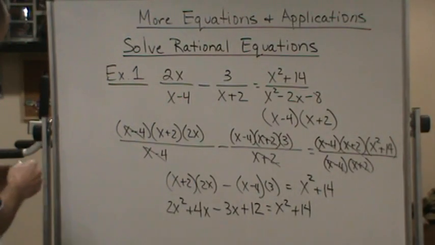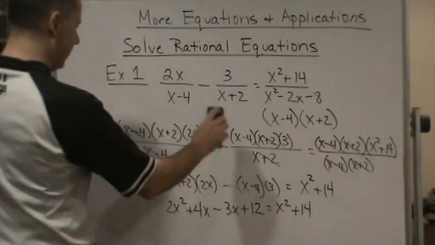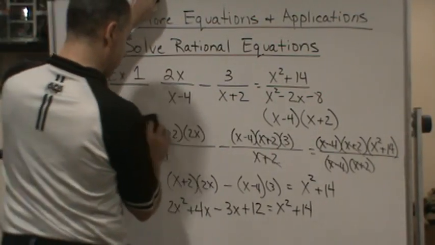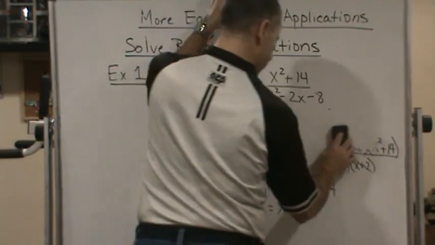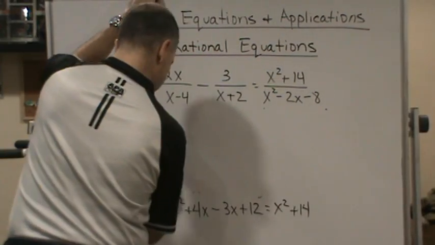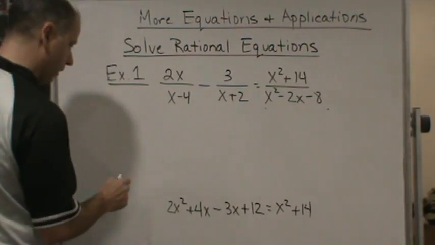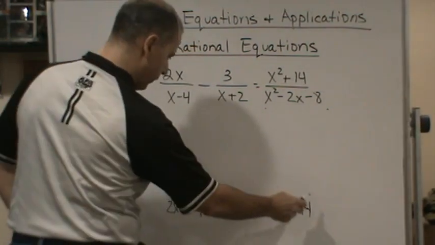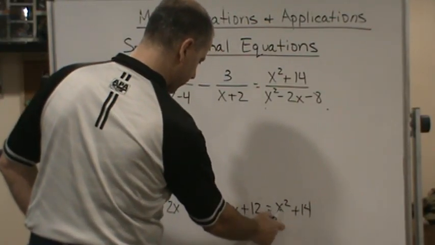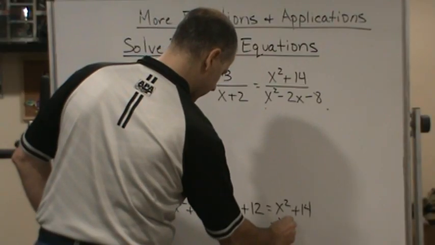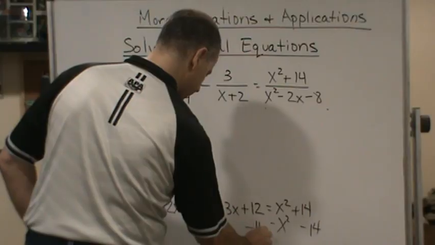Now, I'm going to keep the top part, because I want to show you something at the end when we're finished. So now I'm going to move everything over. I subtract x squared and subtract 14 from both sides.